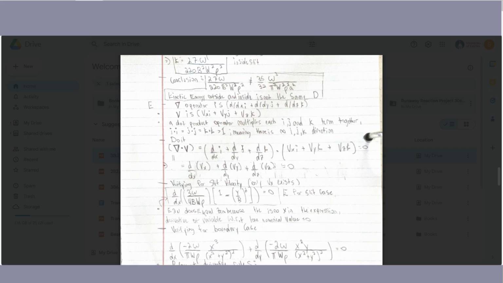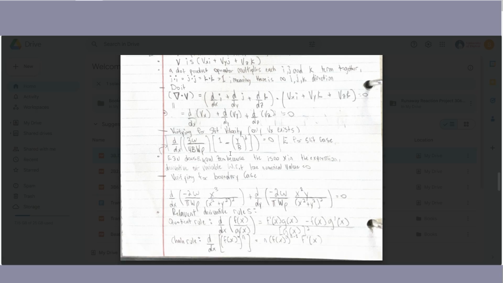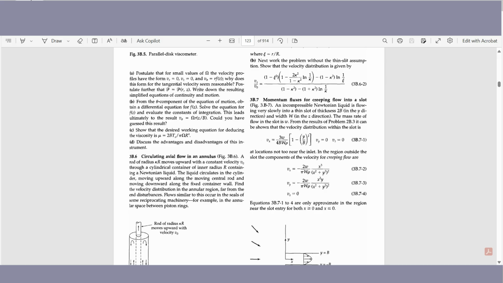So it's just going to be one constant term. So for the slit velocity, I do the easier one first. We only have the Vx equation. So we need to verify that the derivative equals 0, because I'm pretty sure that's what the problem asks for.